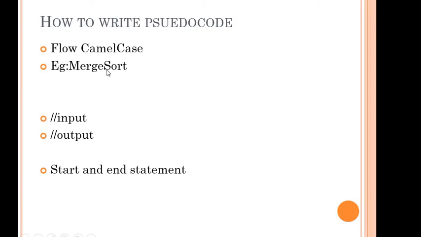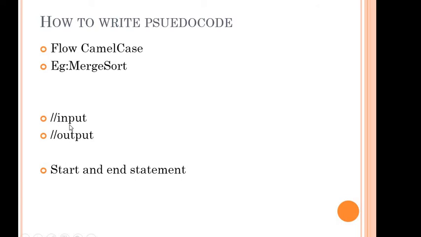For example, MergeSort has two words. Merge should start with a capital M, and Sort, the other word, should start with a capital S.